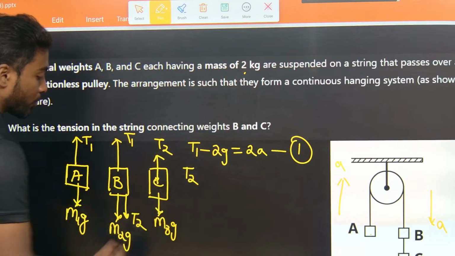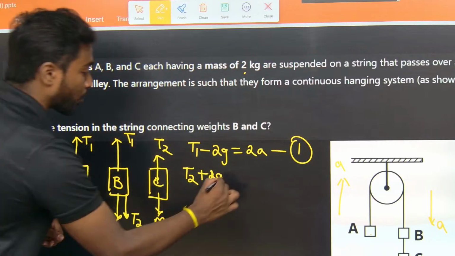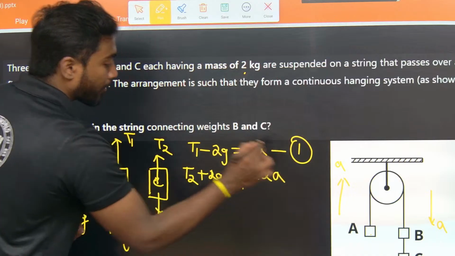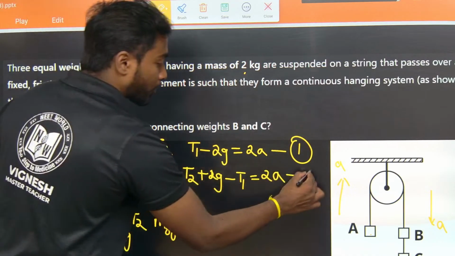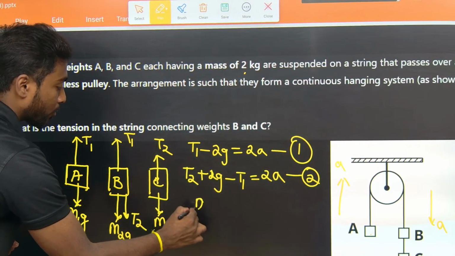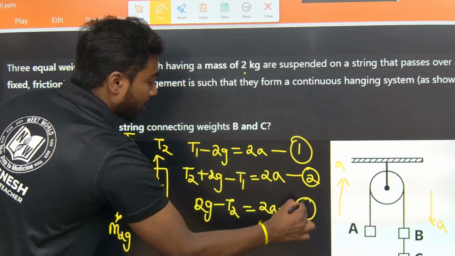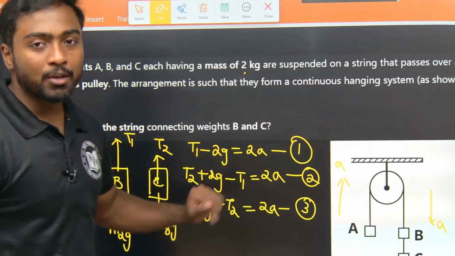This is T2 plus 2G minus T1 equals 2A. This is equation number 2. Now the block 3: equation 3 will be 2G minus T2 equals 2A. So from these 3 free body diagrams we got 3 equations.